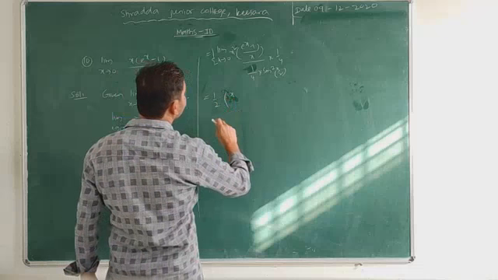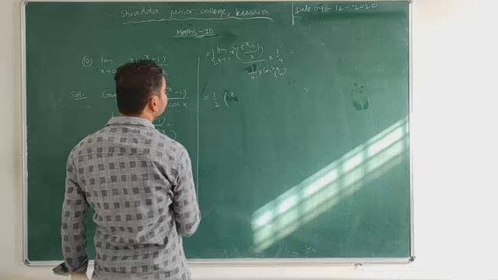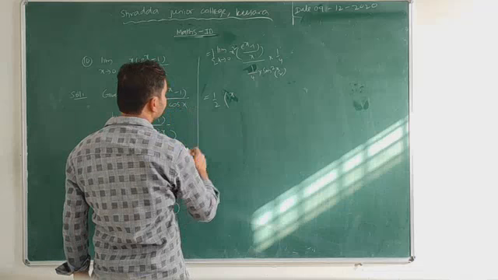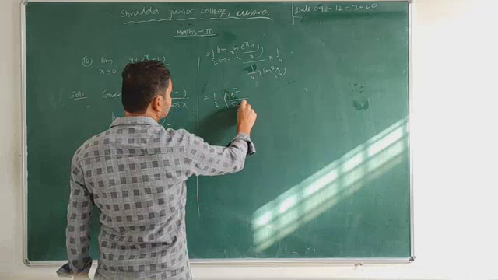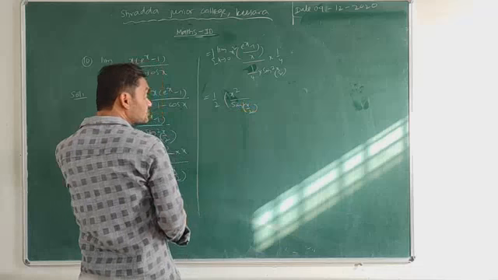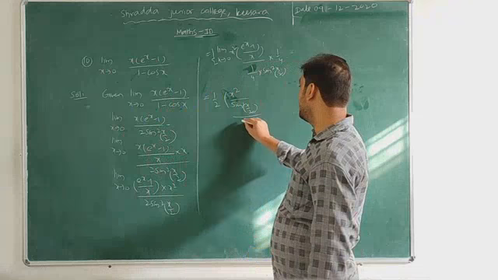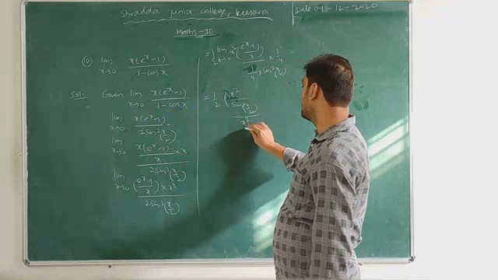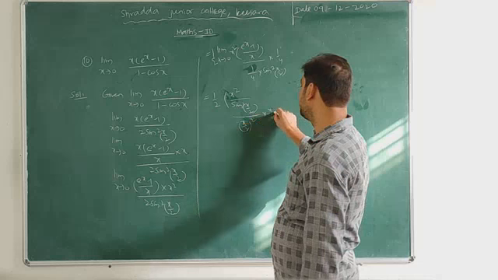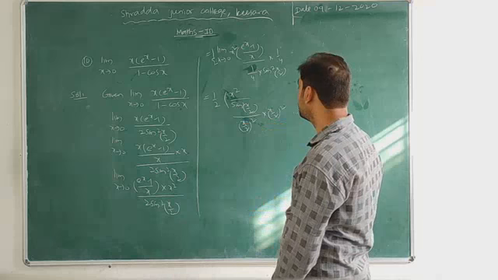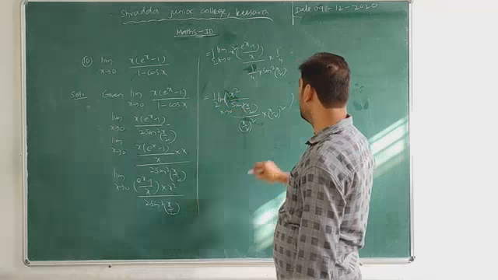And then what? x square by sin square x by 2. This is multiplying and dividing with what? That is x square by 2, or x by 2 whole square, limit x tends to 0.